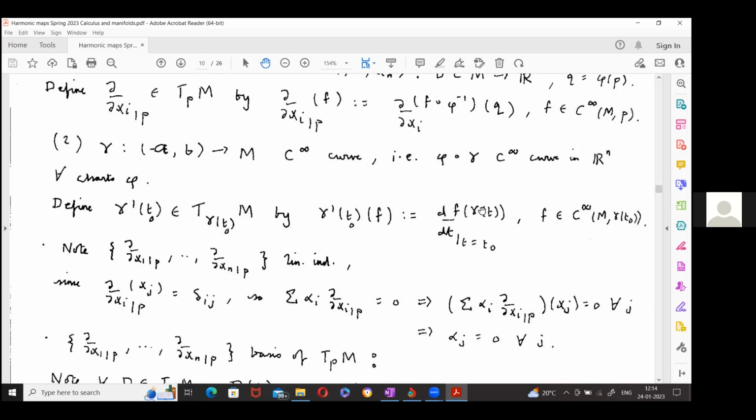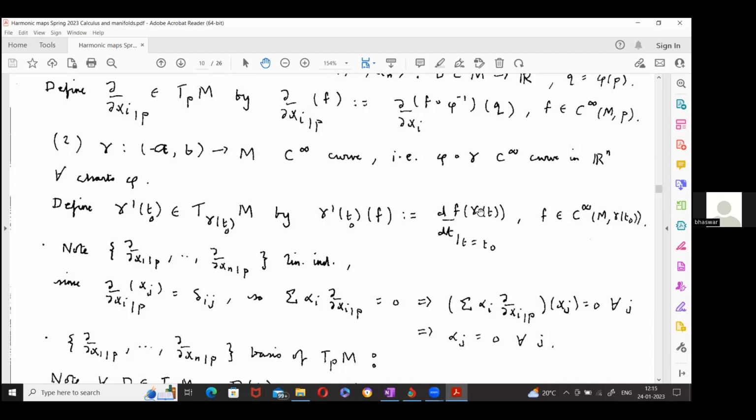And f composed phi inverse is a smooth function on Rn, and phi composed gamma is a smooth curve in Rn. Therefore, the composition will be a smooth function of t. Is that clear? Yes, it's clear.